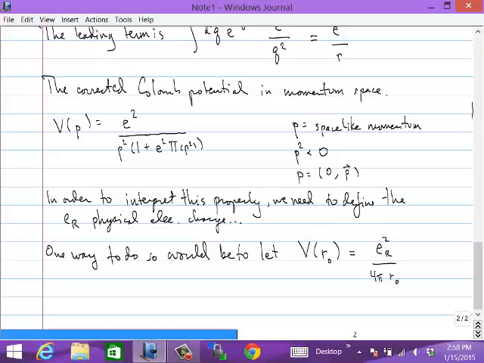Something that's a little bit cleaner and more elegant would be to actually do this in momentum space rather than position space.